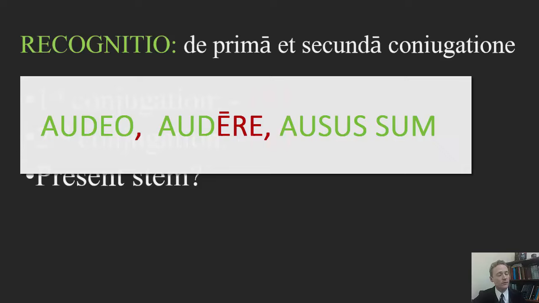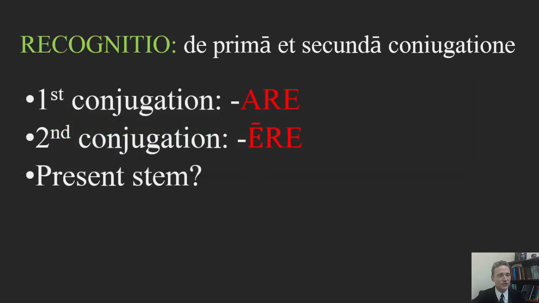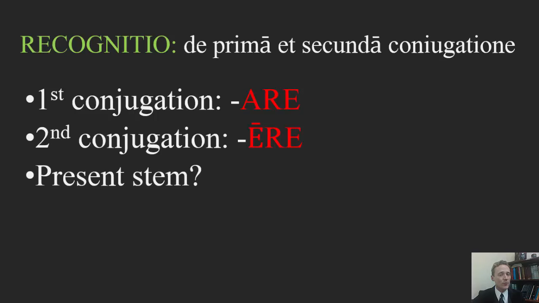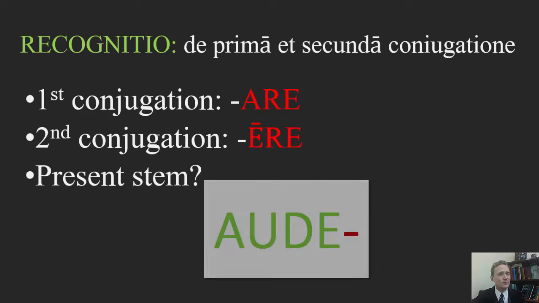For first and second conjugation, we find our present stem by removing the re from that second principal part. So for amo, amare, our present stem is ama. For audeo, audere, our present stem is aude.